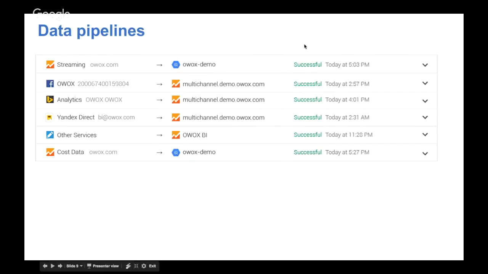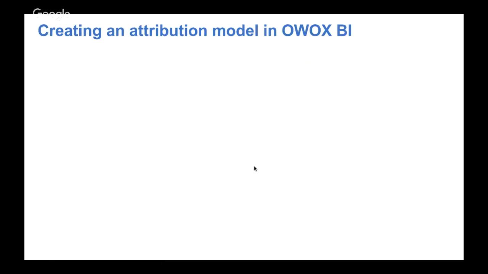You have the status, where successful means that data is currently being streamed and the setting is on. You see the source system, the target system, and when was the last time data was imported. In this way, you can manage everything in just one place, on just one page.